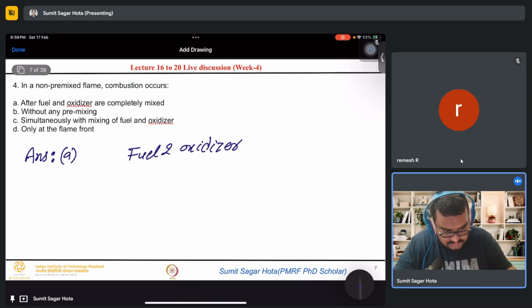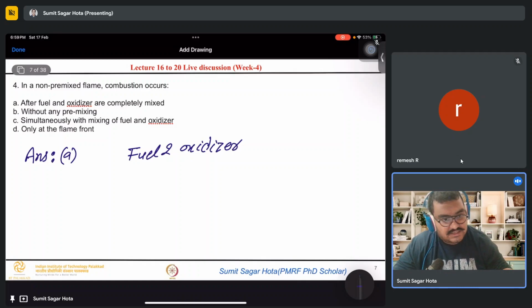You have to supply the spark in such a way that fuel and oxidizer are mixed. If, for example, you provide the spark but only fuel is there and no oxidizer in the atmosphere, for example, you are doing the experiment in an inert atmosphere, maybe argon or nitrogen, and you are supplying the diffusion fuel and there is no oxidizer and you provided the spark.